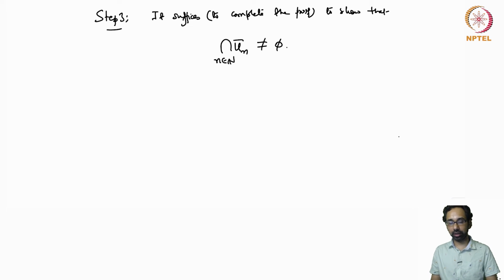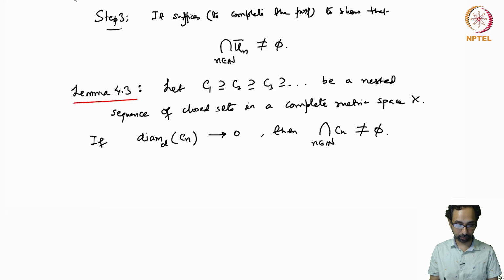And once we show this, the argument is the same as for the compact Hausdorff space case. And so we just have to show that the intersection of all these closures of Un is non-empty. And for this, we require a short lemma, which we shall show in the case of complete metric spaces.